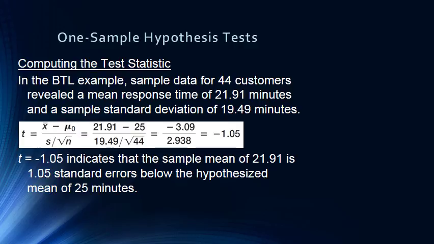So that p-value gives you 1.05 standard errors below the hypothesized mean of 25.